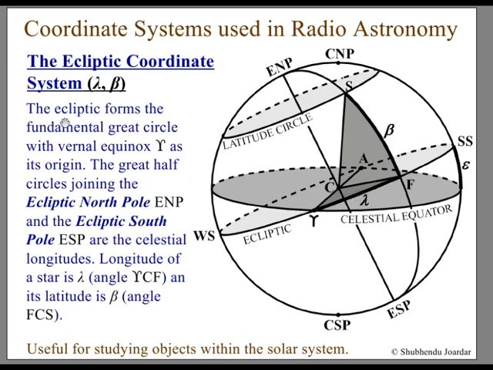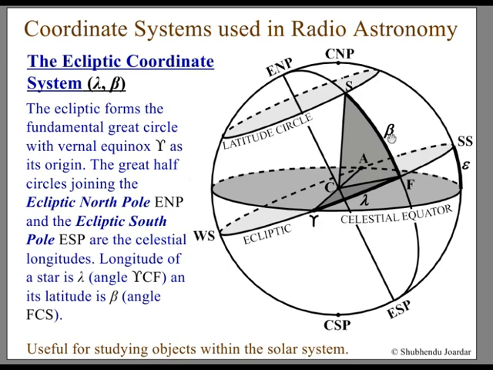So I'll just read it. The ecliptic forms the fundamental great circle with the vernal equinox gamma as its origin, this one. The great half circles joining the ecliptic north pole and ecliptic south pole, this one, are the celestial longitudes.